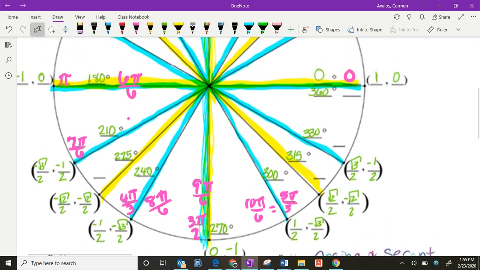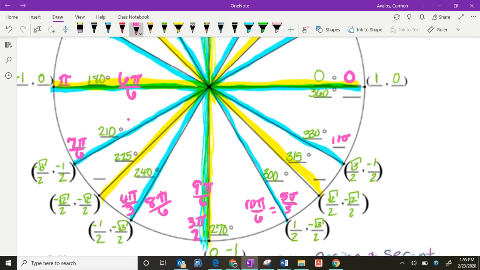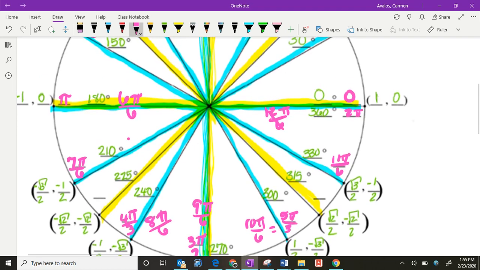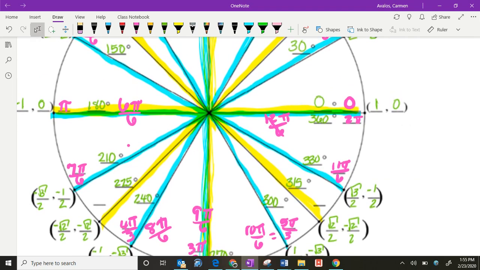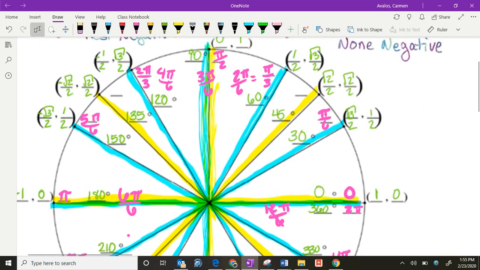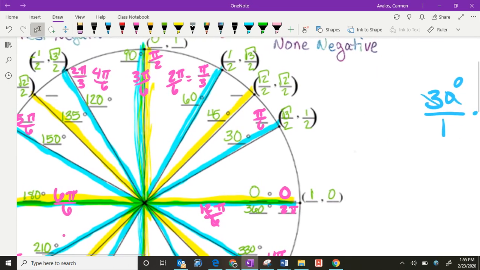And then 11 pi over 6. And then this one here is going to be 12 pi over 6, which is going to reduce to 2 pi. And so that's how you count by pi over 6s all the way around, and it includes the pi over 3s, the pi over 6s, which is the 30s and the 60s on there.